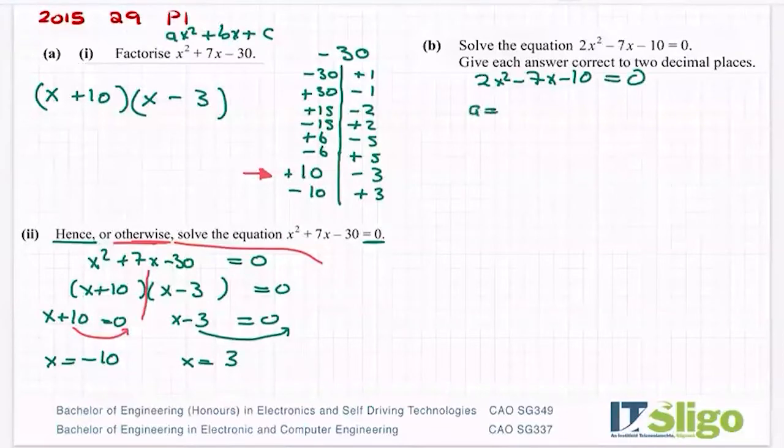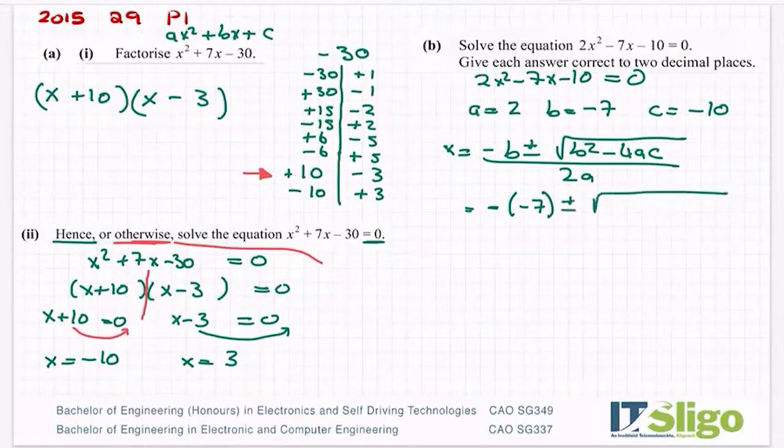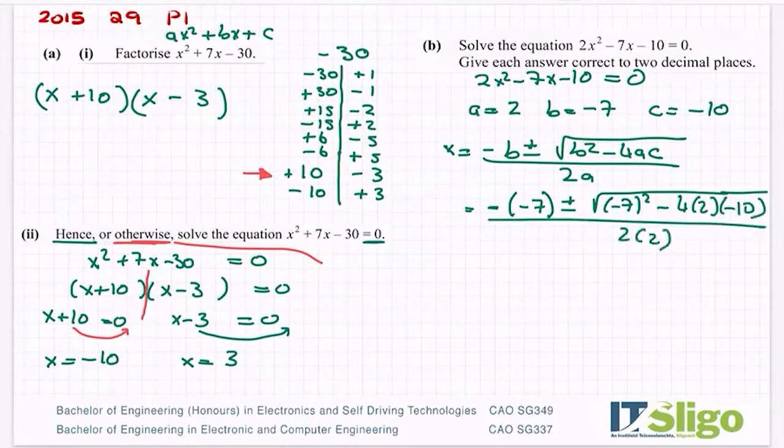So my a is 2, my b is minus 7, and my c is minus 10. So it's x equal to minus b plus or minus the square root of b squared minus 4ac all over 2a. So it's equal to minus b, so watch that, it's minus 7 plus or minus the square root of minus 7 squared, and watch how the minus 7 goes into a bracket, minus 4ac all over 2a.